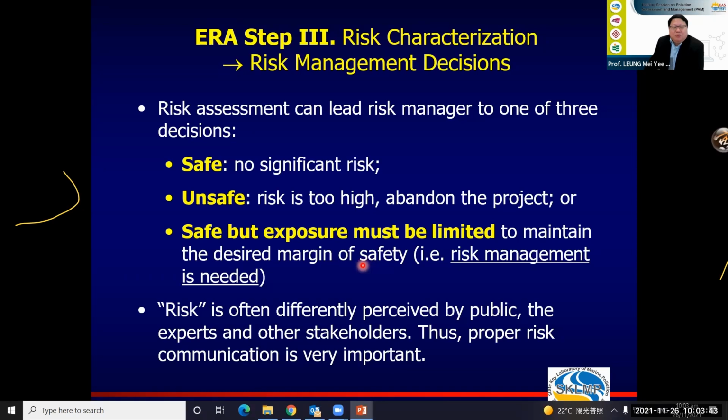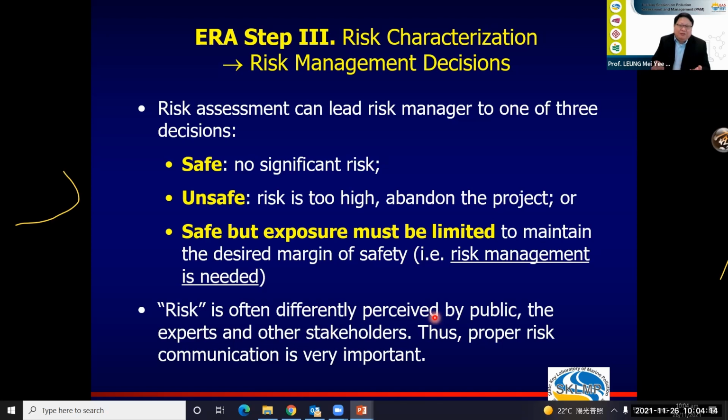However, the concept of risk is very different among different people. So then the risk communication is very important. Even though we have scientific evidence saying that the risk is low, then you may find some chemicals inside the fish, say the mercury, the regulatory limit is 0.5 milligram per kilogram.